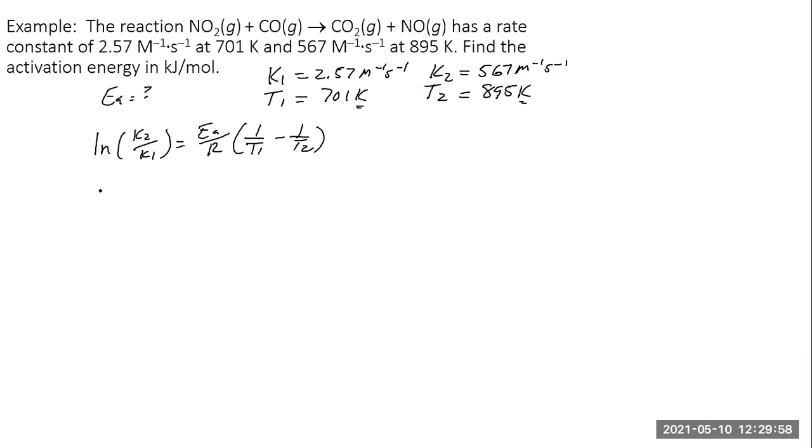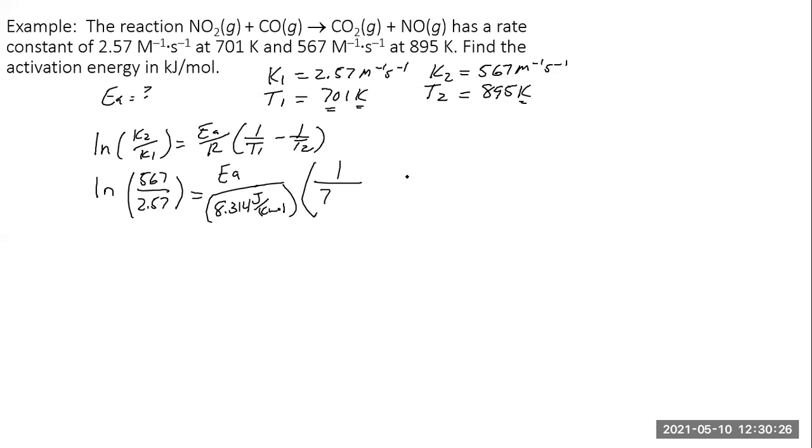This is going to give me the natural log of K2, which in this case would be 567 divided by my K1, which is 2.57, equals E of A, which is what I'm looking for, divided by our gas constant that involves energy, times 1 over our T1, which in this case would be 701, minus 1 over our T2, which would be 895 in this case. Any questions on that so far?